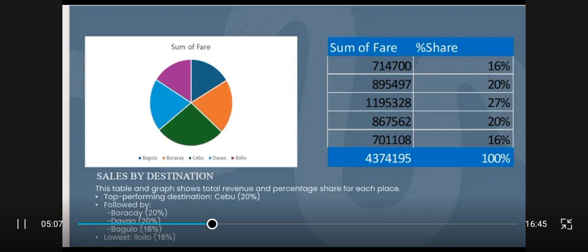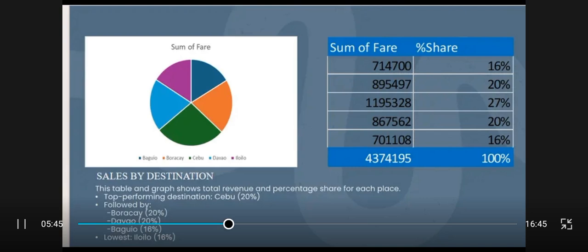The top destination is Cebu, which is 1,195,328, and that's 27%, followed by Boracay, 895,497, and that's 20%, followed by Davao, which is 867,562, and that's 20%, followed by Baguio, 714,700, and that's 16%.